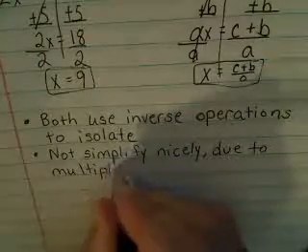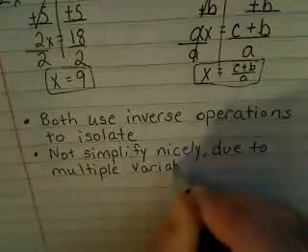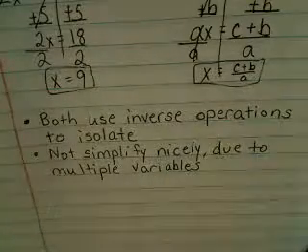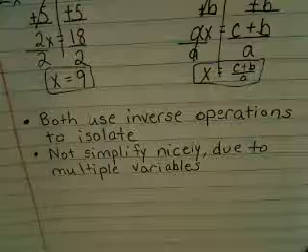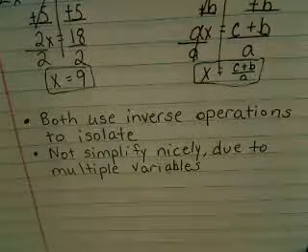These different variables are different letters, and you can't combine like terms with different letters. So it does not simplify nicely due to the multiple variables.